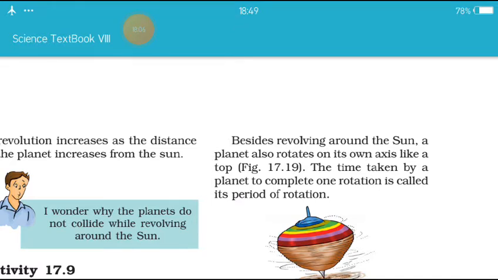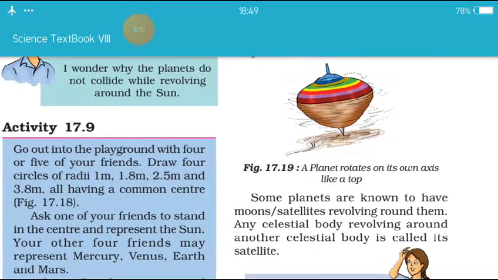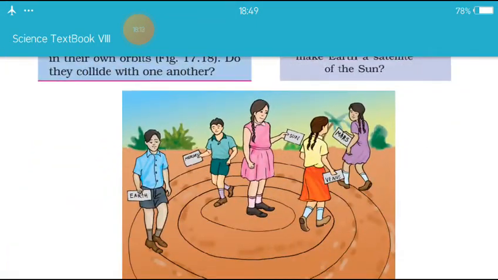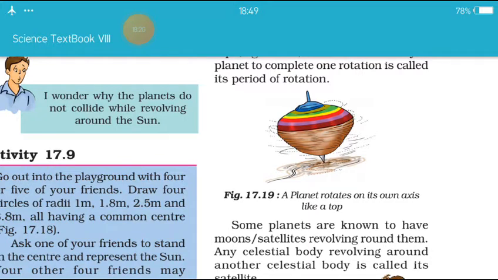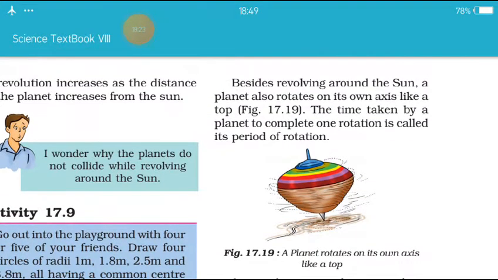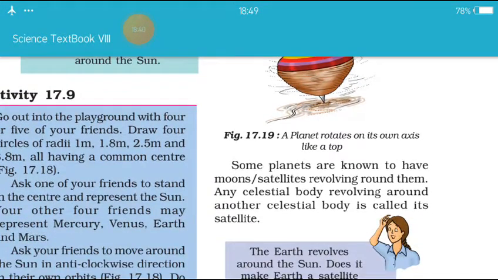Besides revolving around the sun, a planet also rotates on its own axis. Planets rotate on their own axis and also move ahead along the orbit while rotating, because the sun is steady. Like a top, the planet rotates on its own axis. The time taken by a planet to complete one rotation is called its period of rotation.